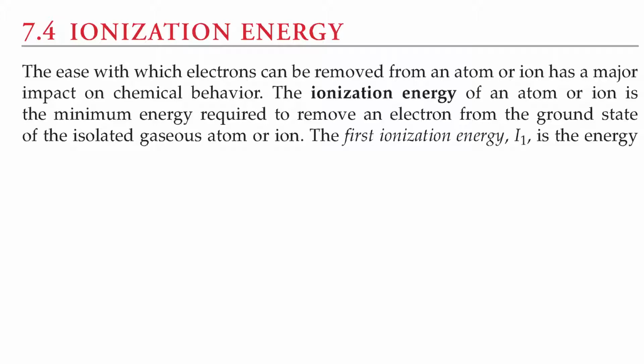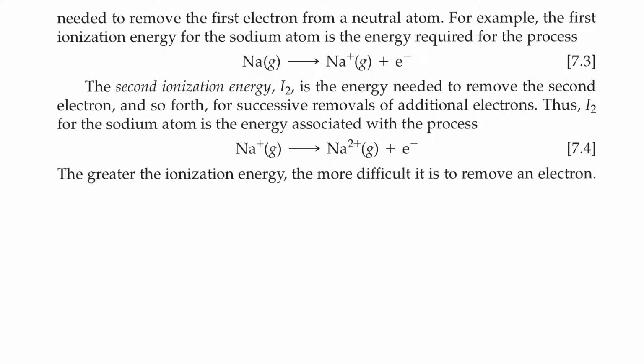The first ionization energy, I1, is the energy needed to remove the first electron from a neutral atom. For example, the first ionization energy for the sodium atom is the energy required for the process of sodium going to sodium ion plus an electron.